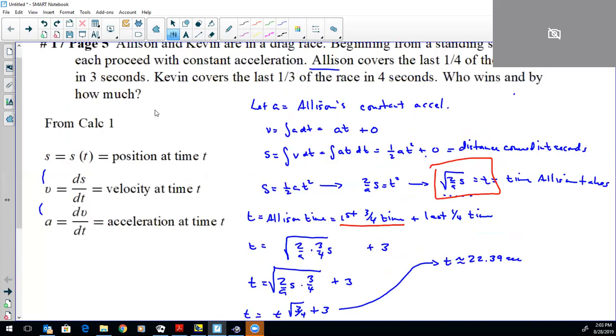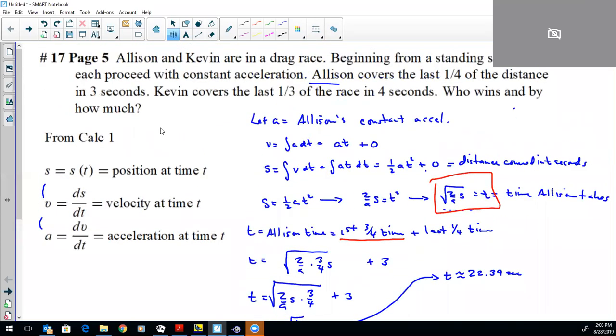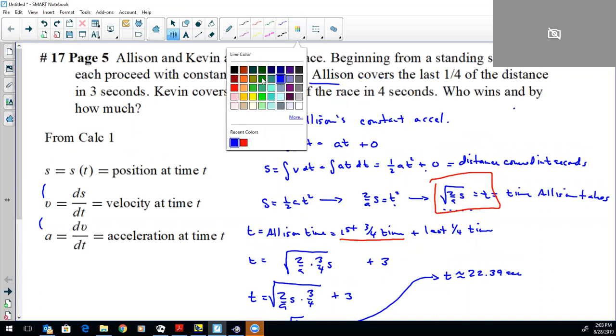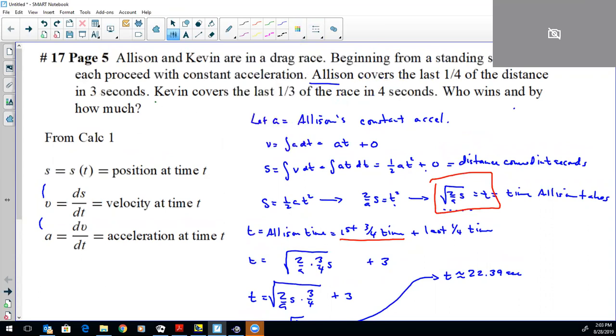Now, I'm not going to go through all of Kevin's here, but let's change to a different color. Let's do green. Kevin is going to be green. What you would do is put in some other constant here for Kevin. And you'd get Kevin's time.